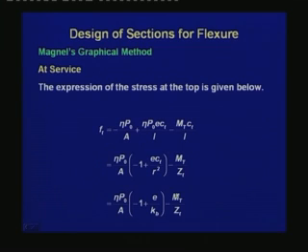And once we have done the substitution of the kern level kb is equal to r square by Ct, we get an expression of the stress at the top Ft in terms of the prestressing variables and the section properties and the total moment.